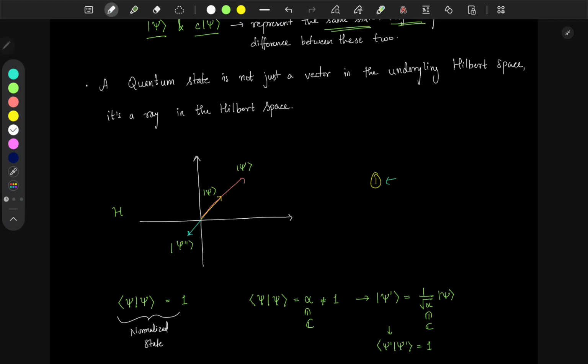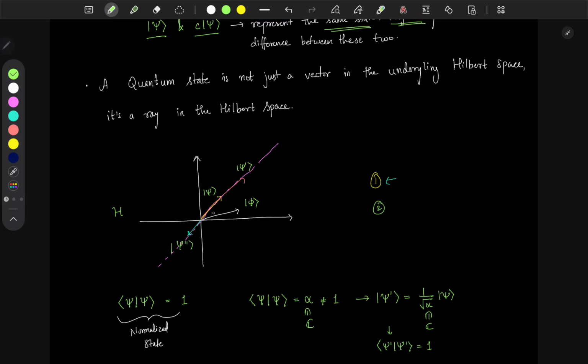But if I take another vector which does not lie on this line, say this vector, okay, now I'm running out of choices for colors. Suppose this is another vector, let's call this phi. This phi will correspond to a different state, say 2.